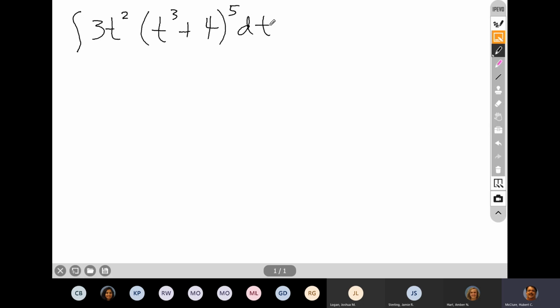So u is going to be equal to t cubed plus 4. Therefore, du is equal to 3t squared dt.